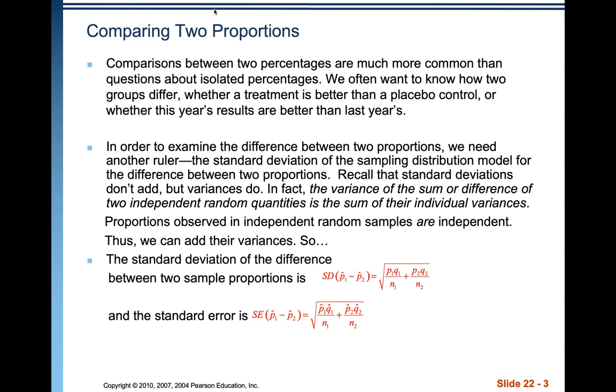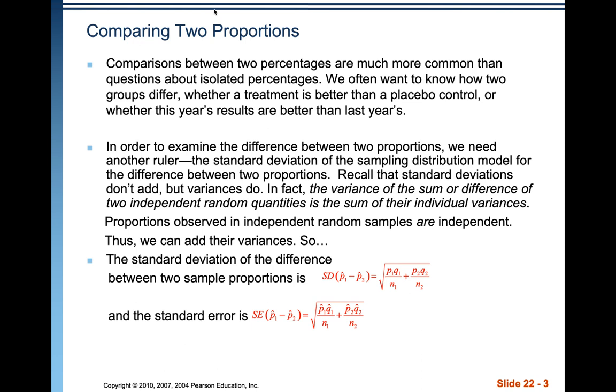The standard deviation of the sampling distribution model for the difference between two proportions. Recall that standard deviations don't add, but variances do. In fact, the variance of the sum or difference of two independent random quantities is the sum of their individual variances. So proportions observed in independent random samples are independent.